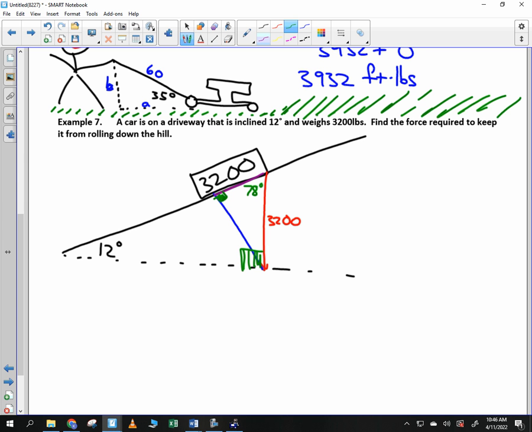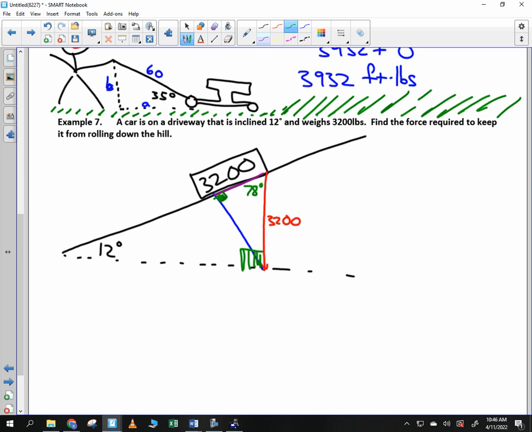Okay, you ready? Watch. Okay, everybody, look at this. Everybody agree that 3,200 is the hypotenuse? Is the purple side the opposite or the adjacent? Adjacent. So what has to do with adjacent and hypotenuse? Cosine. So I can tell I'm using cosine, so that's the horizontal component.